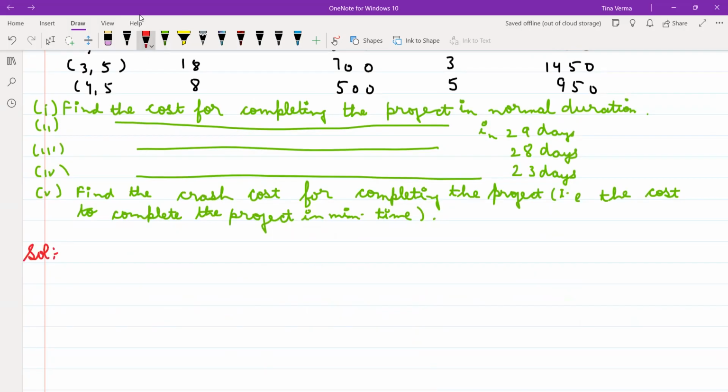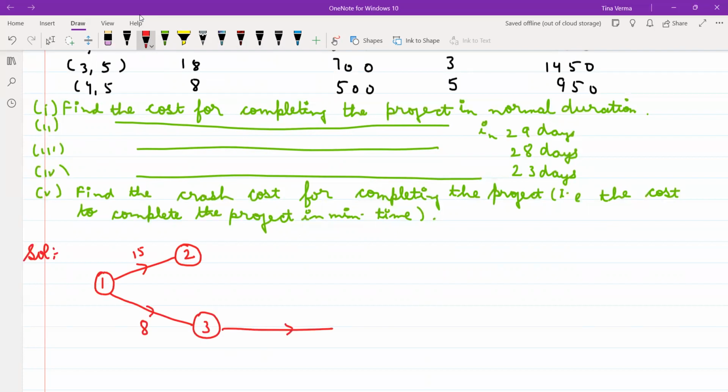whenever you have to find the normal duration, firstly you have to construct the network, right? So when you construct the network, keep in mind all the rules: the starting and ending activity should be unique, the starting and ending of 2 activities should be different, and there should not be a closed loop between your nodes. So here the first activity is going to 2 and the normal duration is 15 days. The first activity is going to 3 and the normal duration is 8 days.